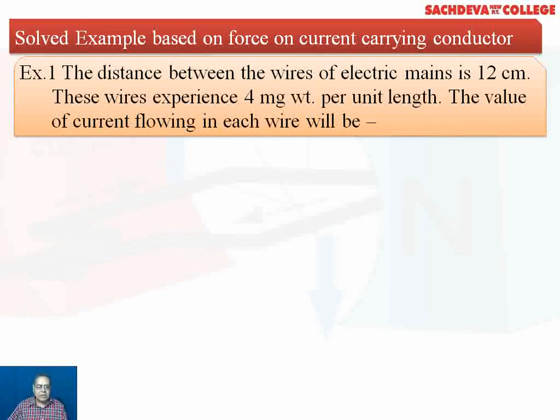Basically, the gravitational units of force are always expressed in gram weight, kilogram weight, milligram weight. You will further remember that 1 gram weight is equivalent to 980 dynes and 1 kilogram weight is equivalent to 9.8 newtons. So you can make the calculations for 4 mg weight, where 1 gram is equivalent to 1000 mg.